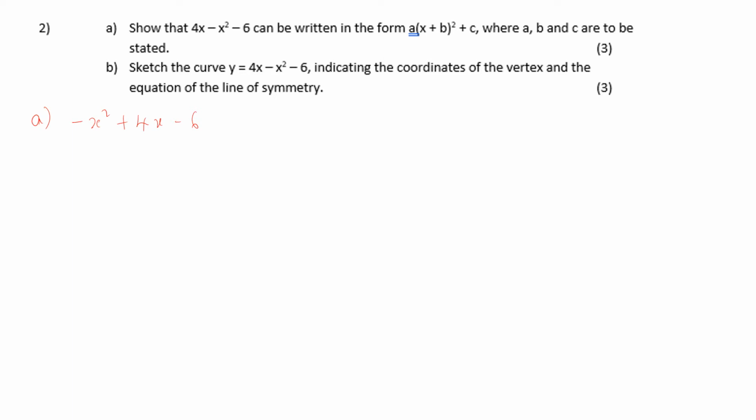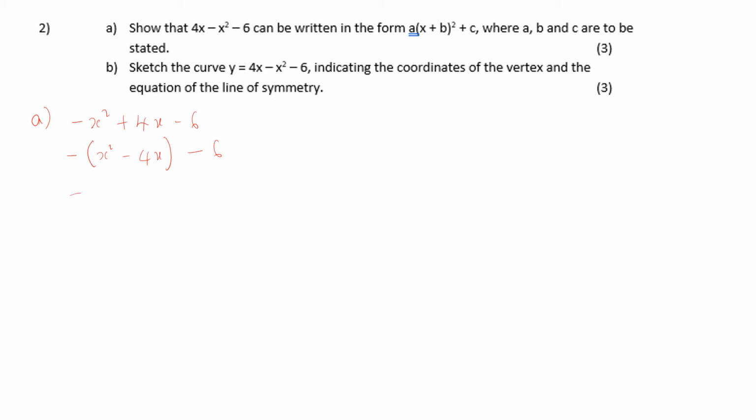So what you need to do is put a negative there, then a bracket, x squared minus 4x. Keep the minus 6 separately outside the bracket. Just the bits with the x in it need to be inside the bracket. It's a minus 4x here because that minus times the minus will go back to the plus. So be careful with your signs there.